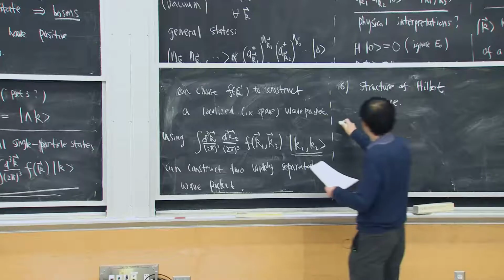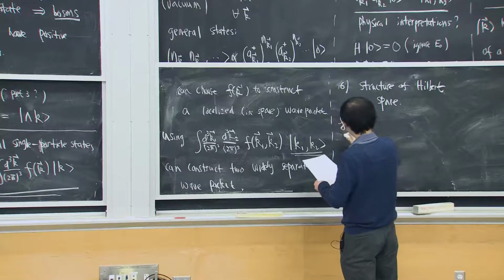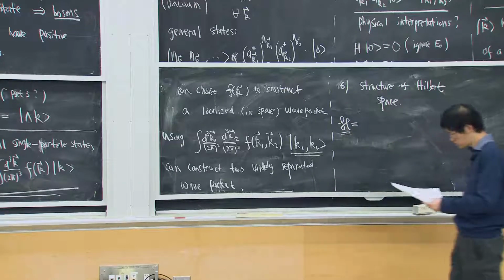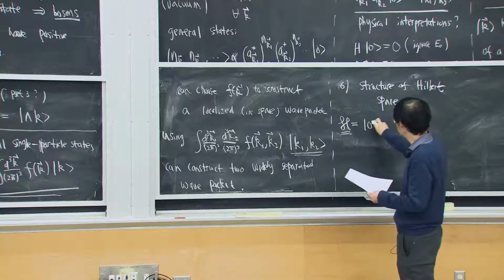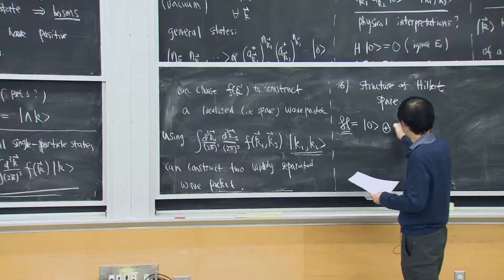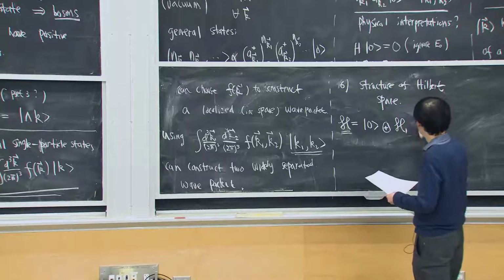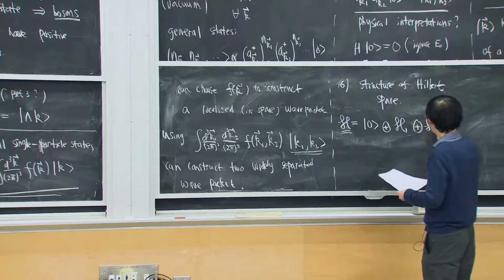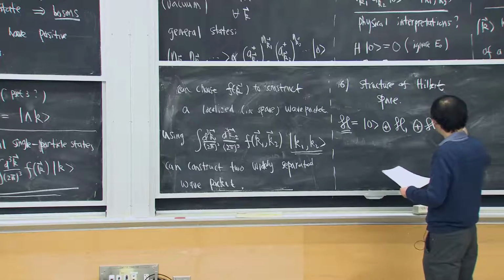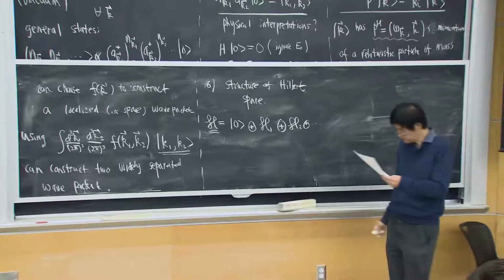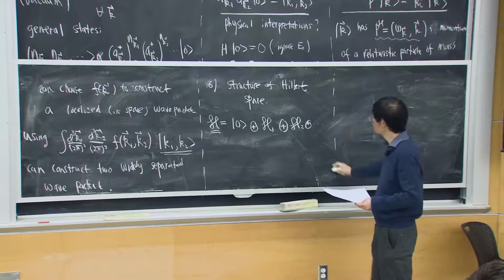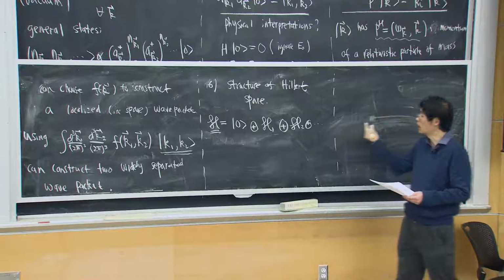So you can separate the full Hilbert space, which I write as script H, into the vacuum state, and then the one particle Hilbert space, and then the two particle Hilbert space. They don't have anything to do with each other because there's no interaction, okay? In principle, you can have an infinite number of them.